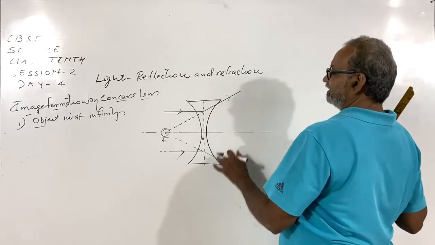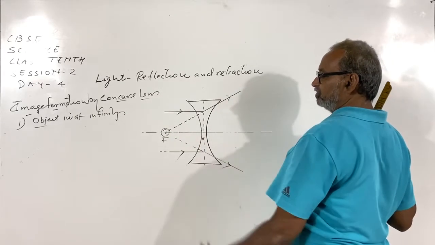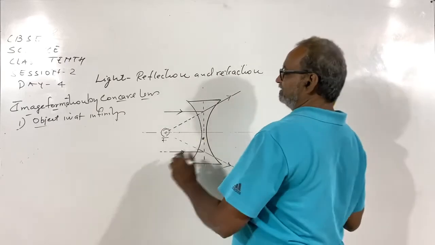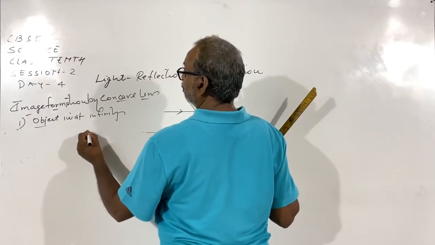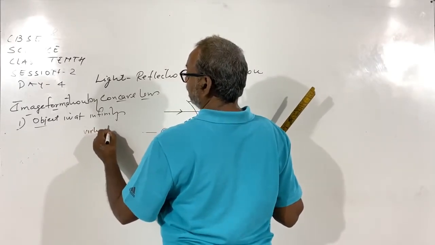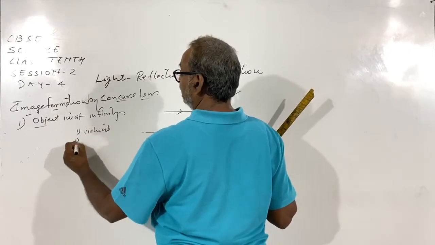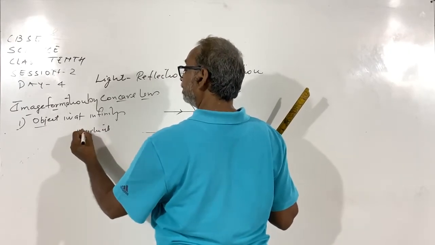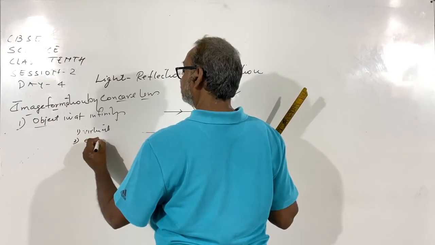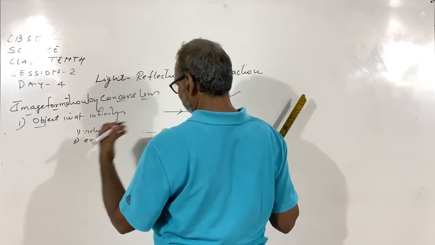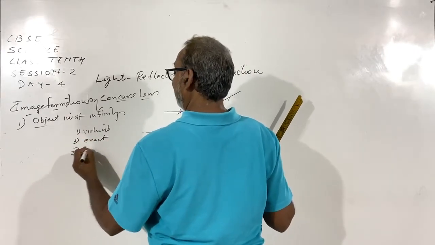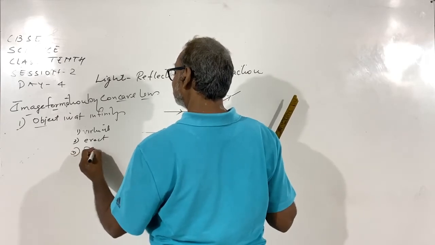Now since these rays are not actually coming from this point, the image formed by this lens is virtual, and a virtual image is always erect, right side up, and diminished.